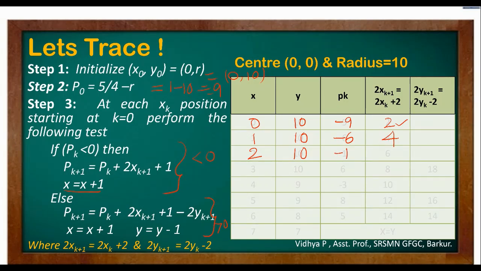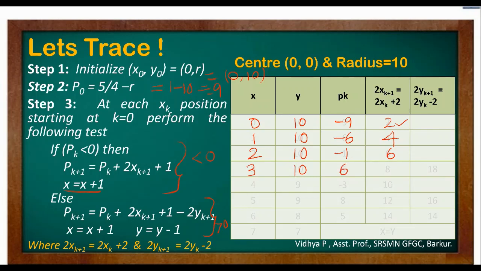Once again negative, so we calculate 2xk plus 2. It is 2 into 2, 4, 4 plus 2, 6. Since pk is negative, we increment x by 1 and keep the same y value. We get pk equal to minus 1 plus 6 plus 1, that will become 6.